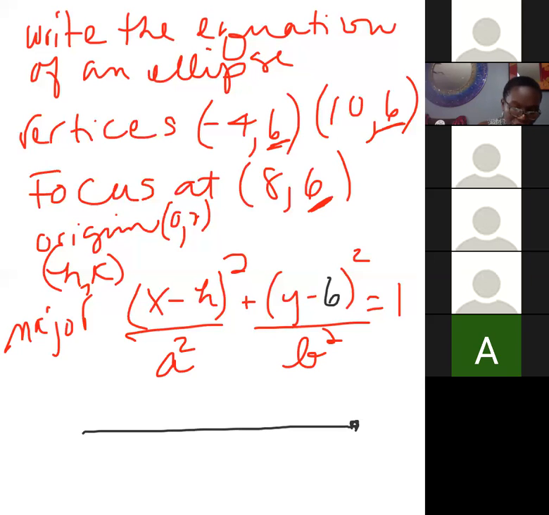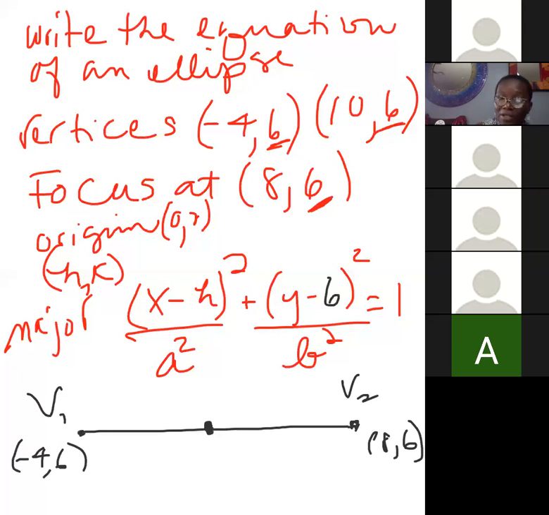It's going to be a horizontal ellipse. We're going to have 2 vertices. One of them is over here. The other one is over here. Now, the one on the left is located at -4, 6. The one on the right is located at 10, 6. Of course, the center is where you're, 8, 6? Huh? Go ahead.